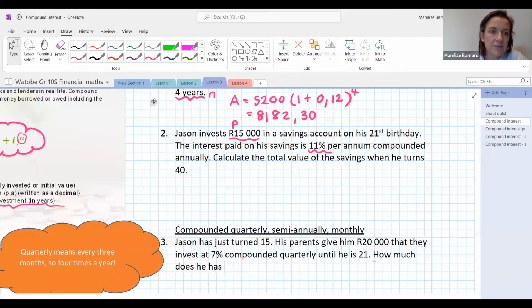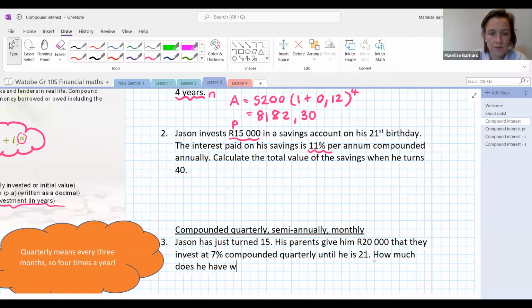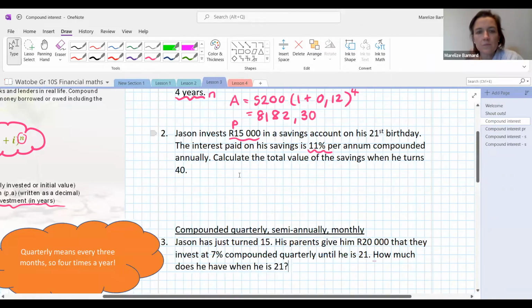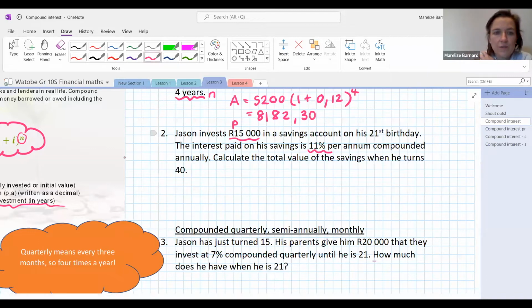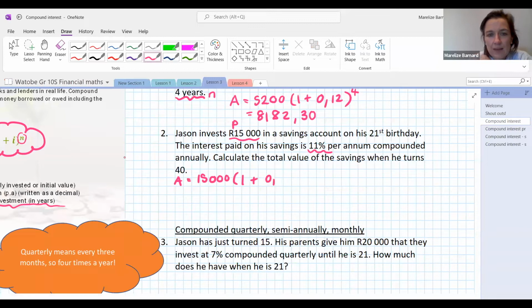That's right, I say it is for 19 years. So use 19 years for your N. Okay, so we go 15,000. Looks like most of you are on the money here, literally. 15,000, and it's 1 plus 0.11.